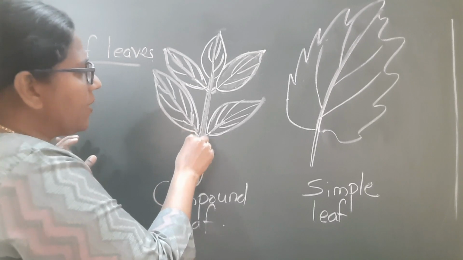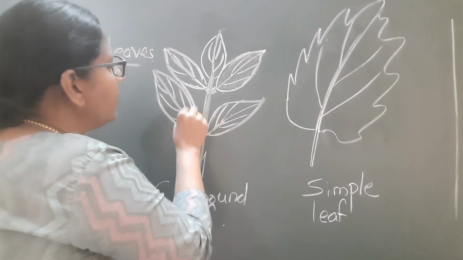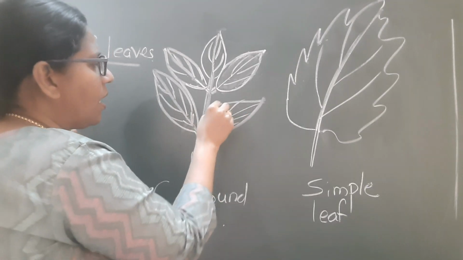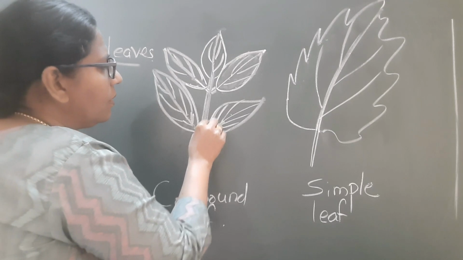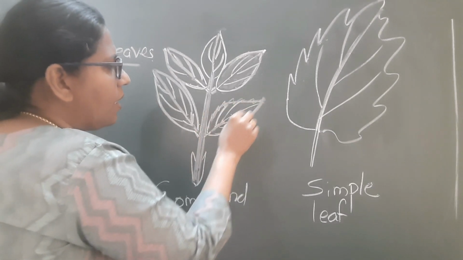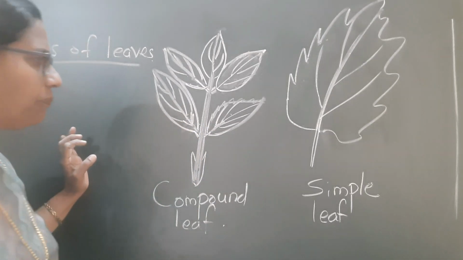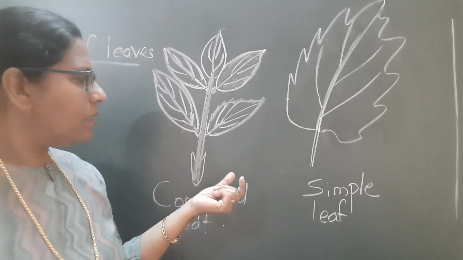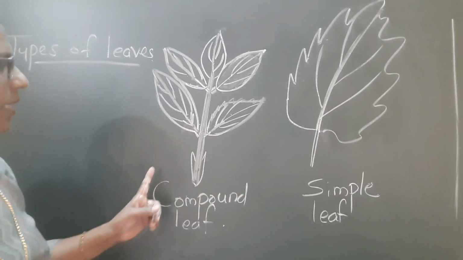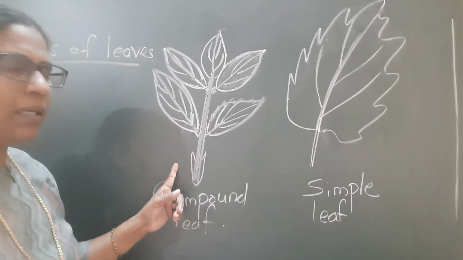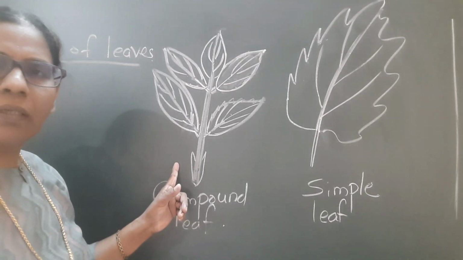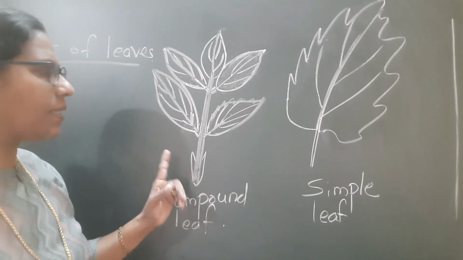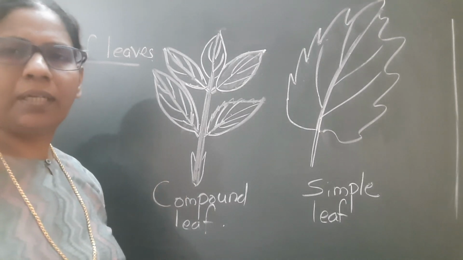Whereas in compound leaves, the lamina is divided into small segments, and the margin incisions are attached to the midrib. Examples of compound leaves are rose and curry leaves.